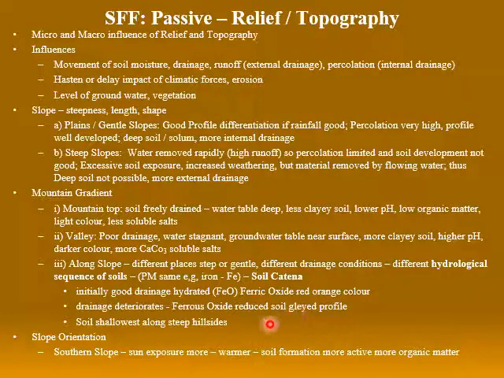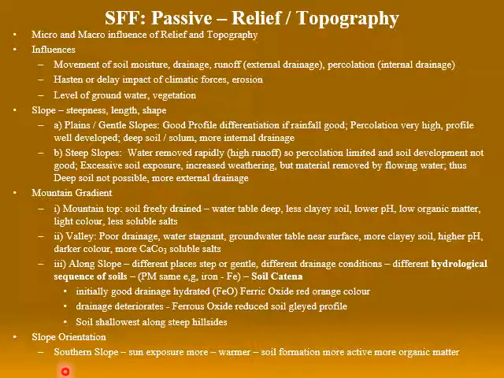Now, this is more evident obviously in iron-rich slopes, because ferric oxides are red in color. As oxidation decreases, they get more orange in color. So it depends on the hydrological sequence, or the amount or nature of drainage along a slope. If they follow a sequence, then this sequence is termed as soil catena.